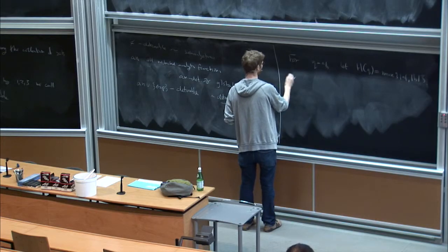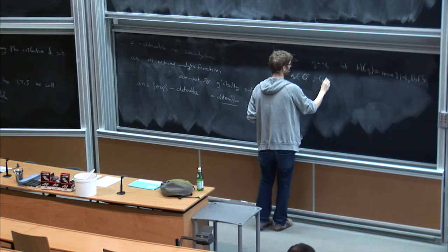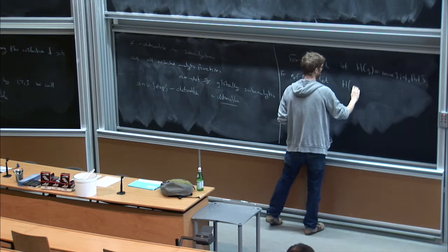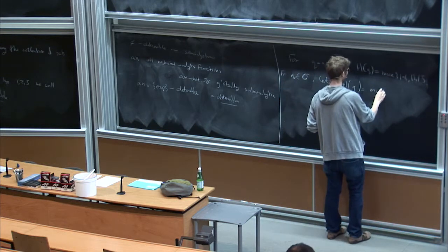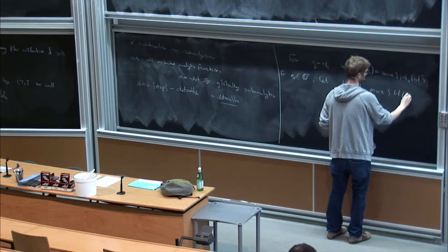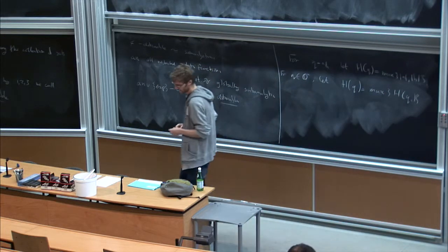And then if I have a tuple, I just take the maximum of the heights of the coordinates. So for Q in Q^n, take the height of Q to be the max of the heights of the Q_i.